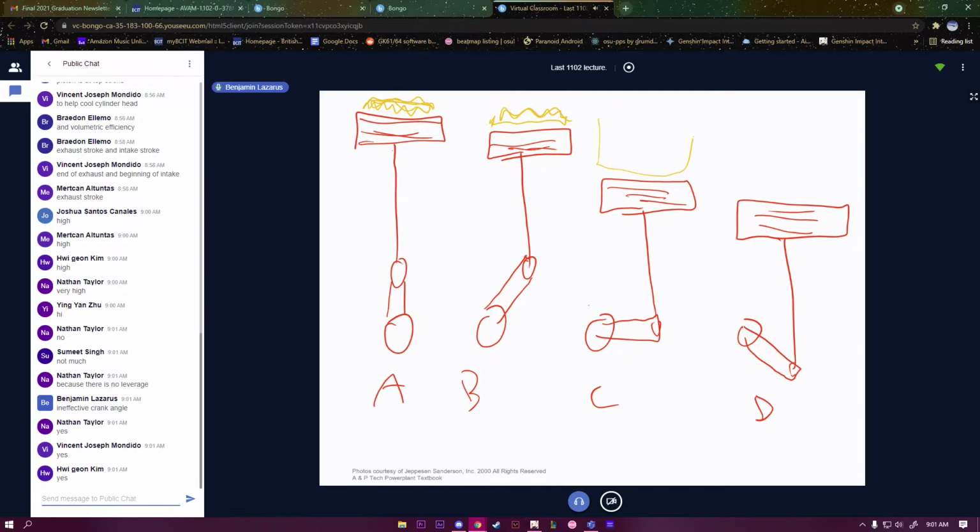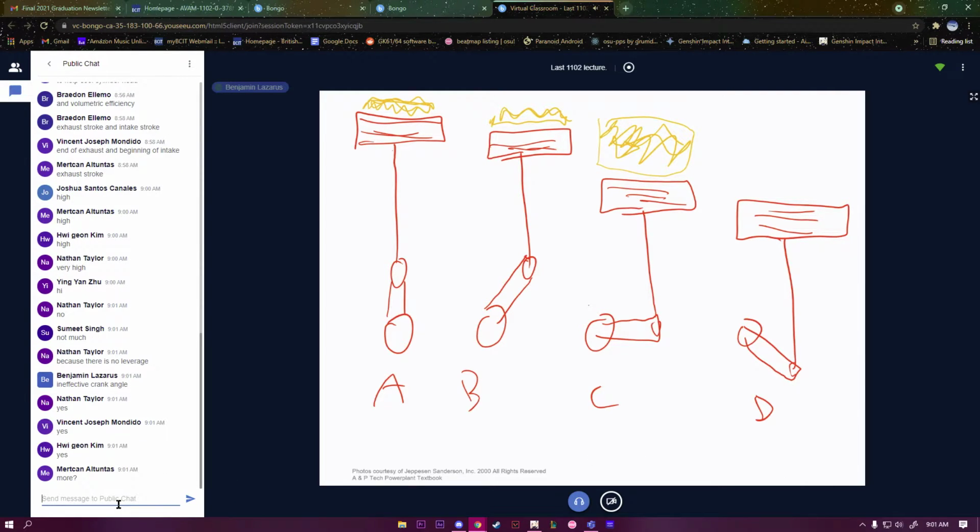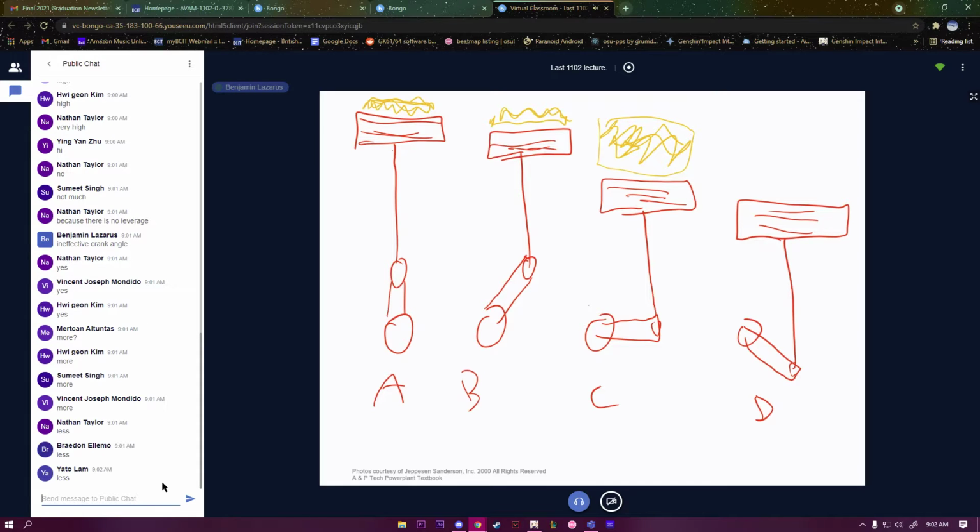Do you think C will have more or less torque than B? Okay, but what about the fact that the pressure has dropped off? Position C will have roughly the same torque as position B, because we've got two things going on. We've got less pressure, but a better crank angle.